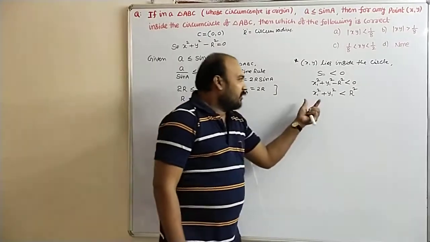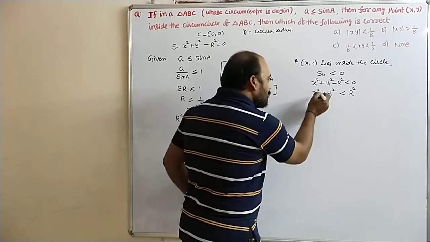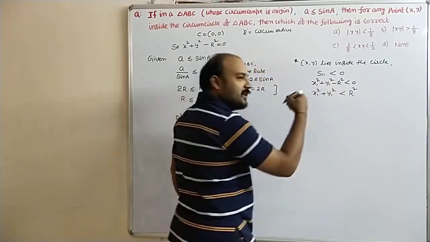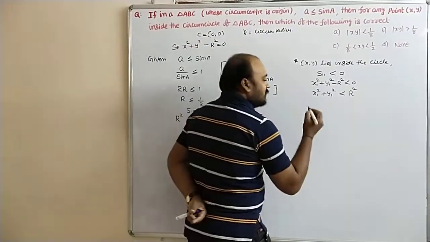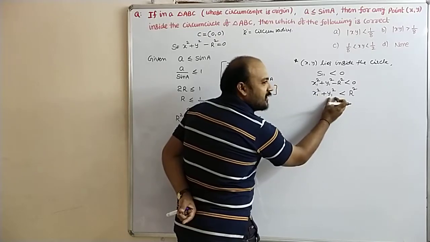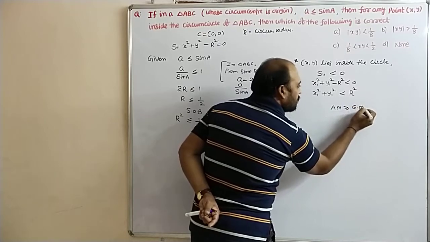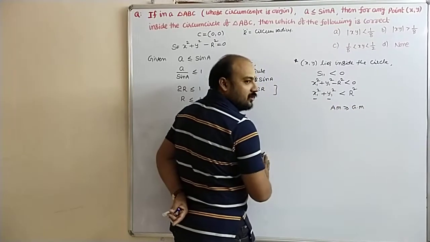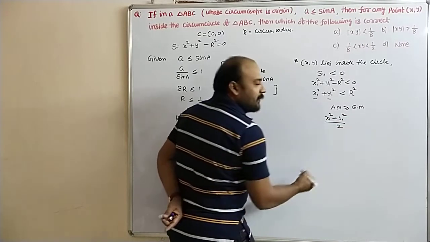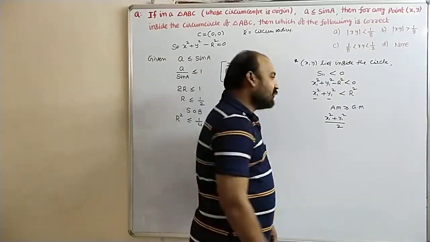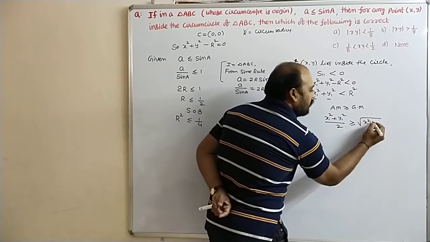Here, whenever we take the sum of two numbers, x1 square is one number and y1 square is another number, the arithmetic mean is greater than or equal to the geometric mean. So (x1 square plus y1 square) divided by 2 is greater than or equal to the square root of x1 square into y1 square.